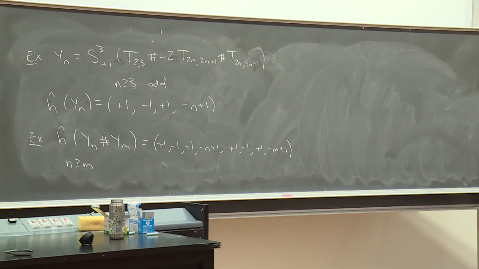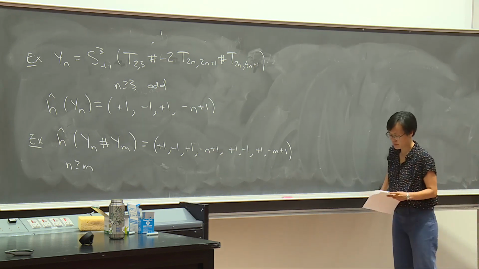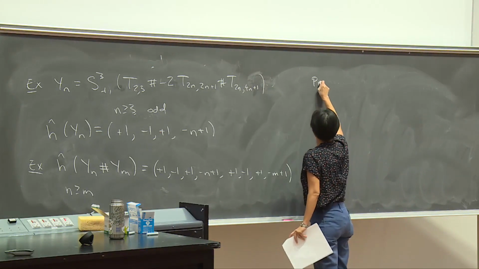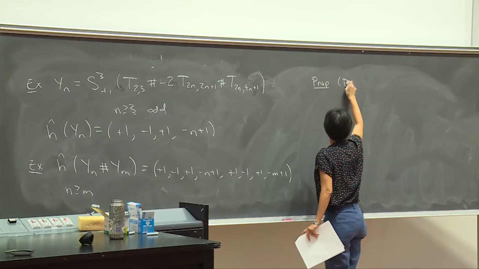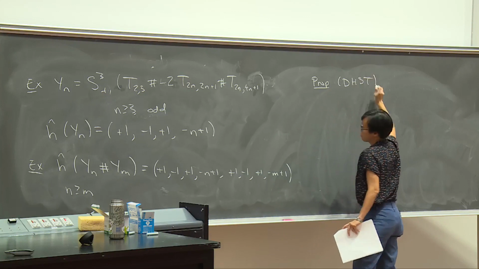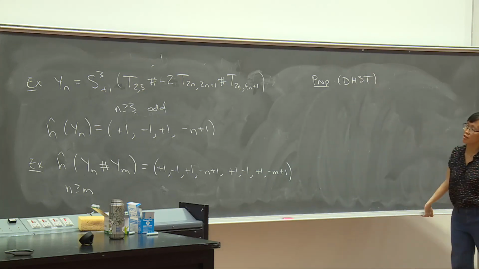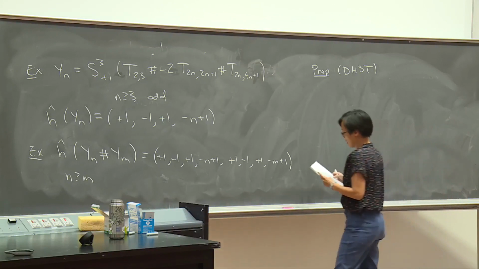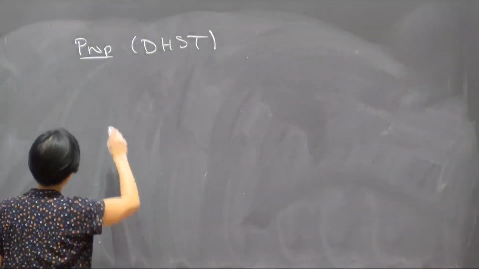And these are the manifolds that show up in Theorem 1, saying that the homology cobordism group contains a Z infinity direct summand. So here's a proposition due to Irving Dai, Matt Stoffregen, Lin Chong, and myself.